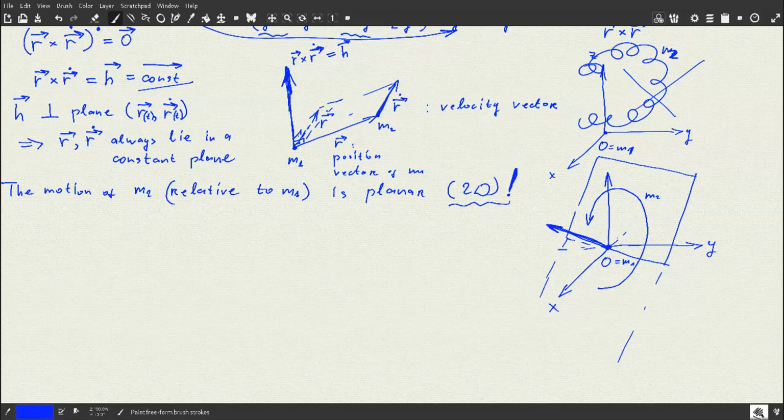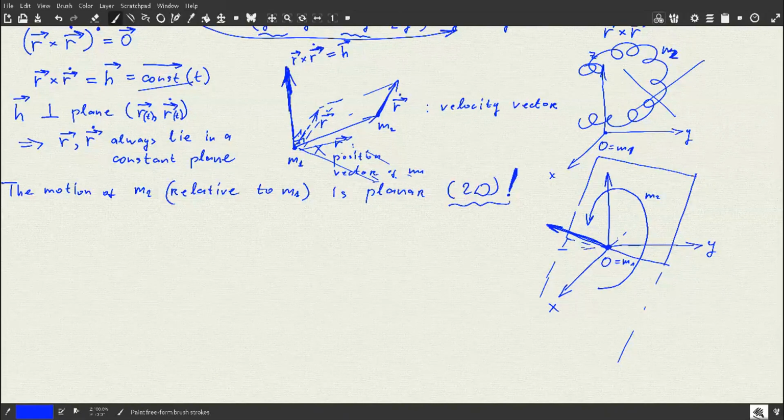So, for example, at another time, that would be r, that would be r dot, and that would be a completely different plane. But in this particular case, we say, no, that's not true. The cross product of r and r dot is always constant. So it does not depend on time.